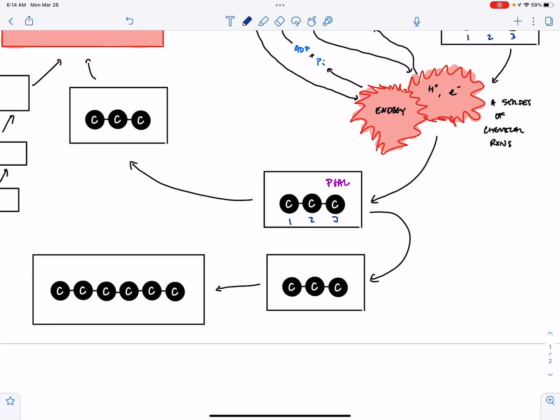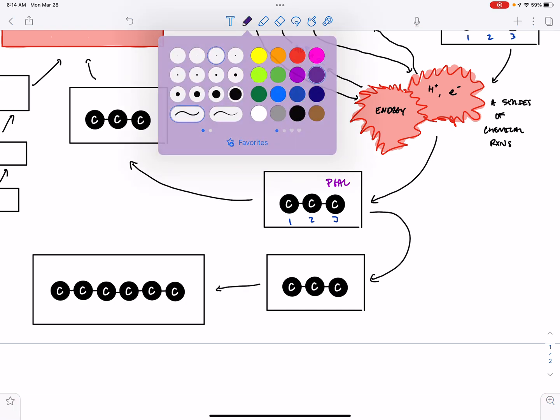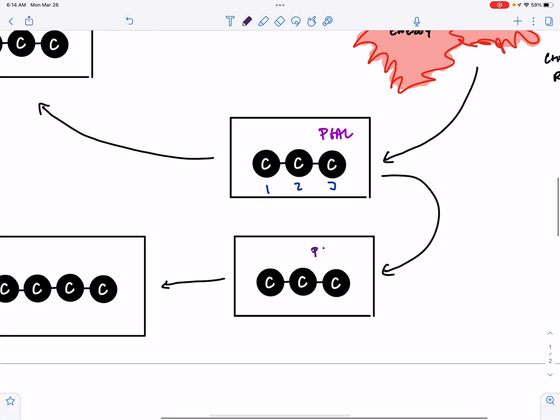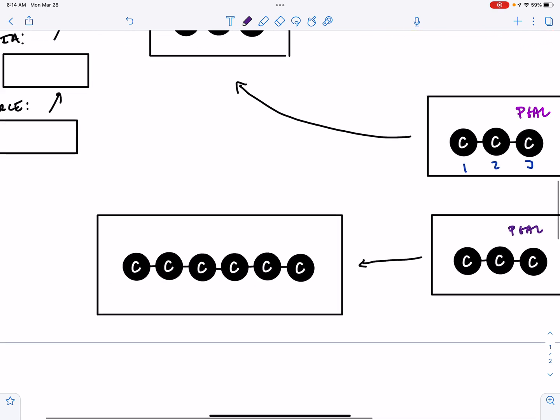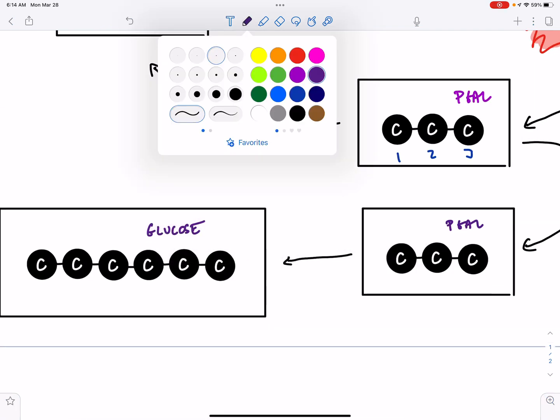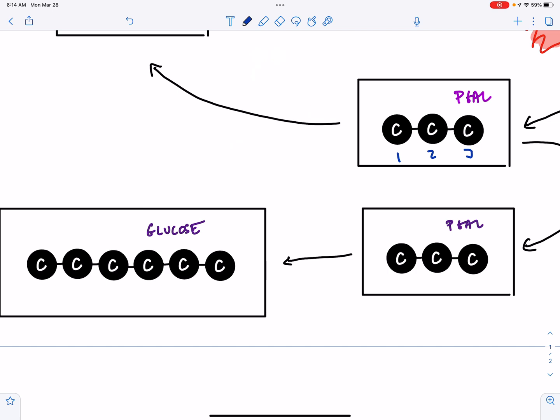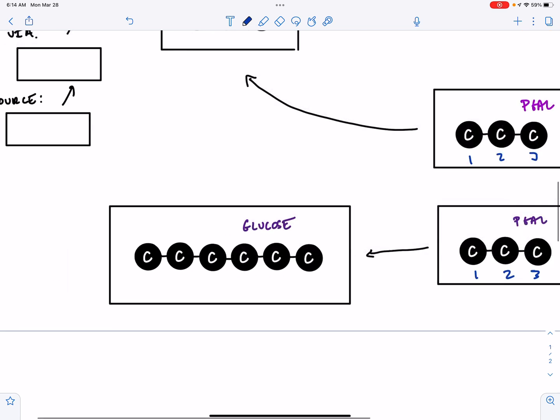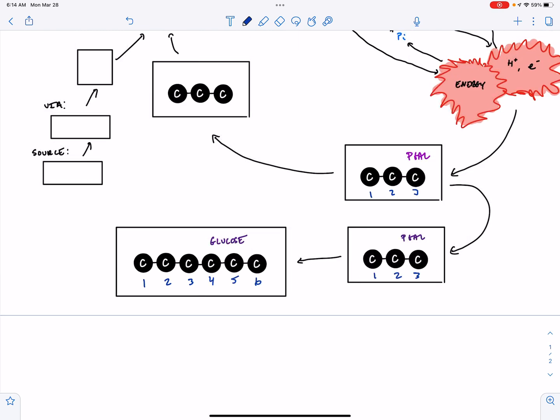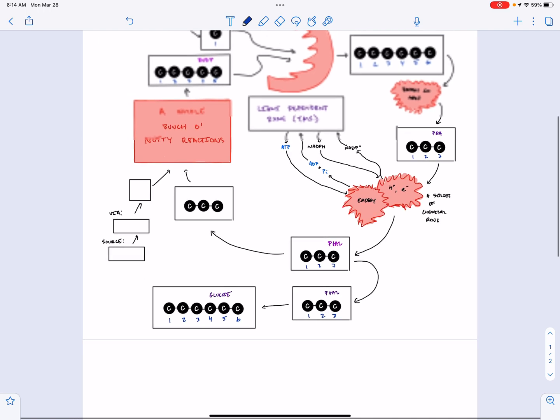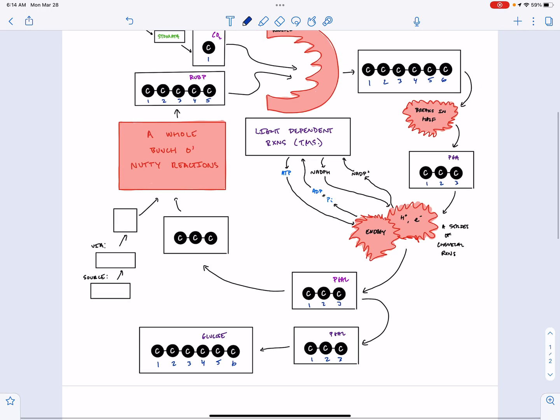So PGAL can be used to make glucose. And hold off a sec on judging these. Bear with me, we're going to get there.